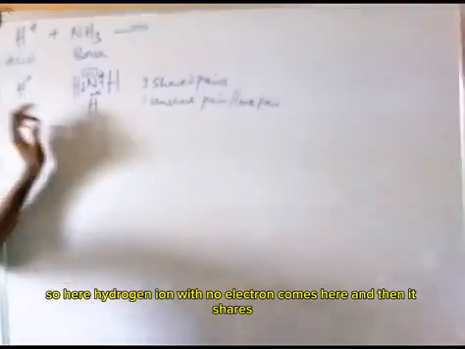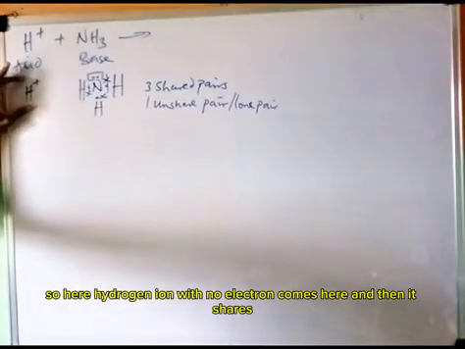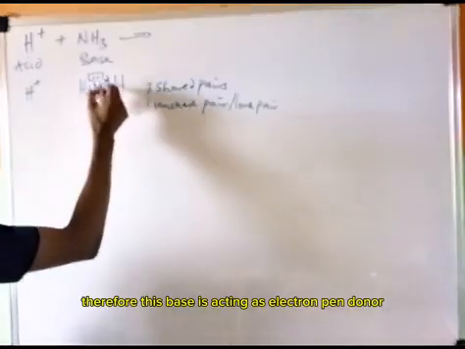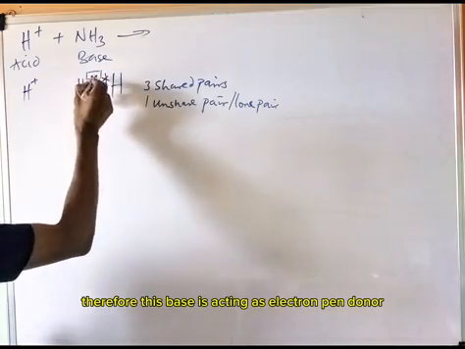Alright, so here the hydrogen ion with no electron comes here and then it shares. Therefore, this base is acting as an electron pair donor.